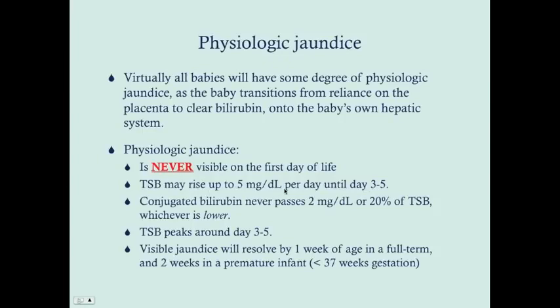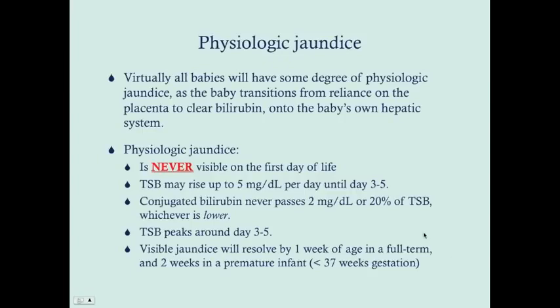So while the baby's in the hospital, you should take a bilirubin after birth, day 1, day 2, so you can plot it out and see where the baby is falling. The conjugated bilirubin will never pass 2 milligrams per deciliter or 20% of the total serum bilirubin, whichever is lower. So let's say that the baby has a total serum bilirubin of 4.